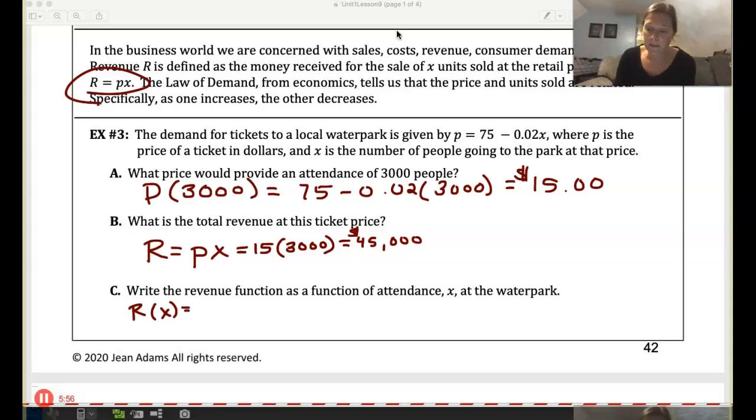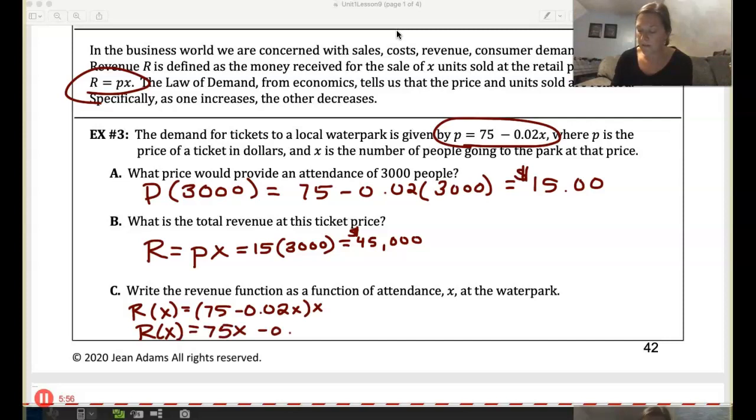Well, what did we say up here in our original part? What was P equal to? 75 minus 0.02x. So instead of Px, we're going to do 75 minus 0.02x times my x. Simplifying that gets me 75x minus 0.02x squared as our general form of the revenue function as a function of attendance.